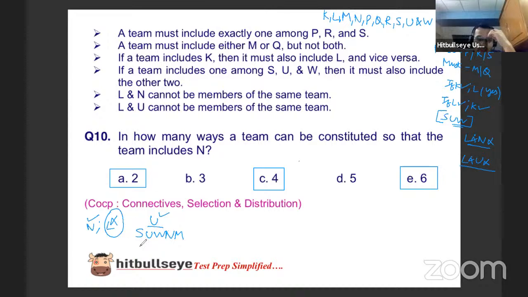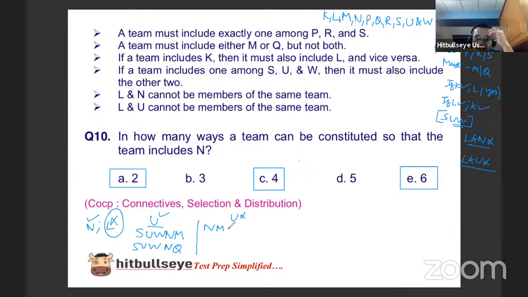What else is possible if U is coming? SUW, then we have N and Q. S again is coming, Q is coming from the first two, right? Now, what if U is not coming? Then what are the possible combinations?